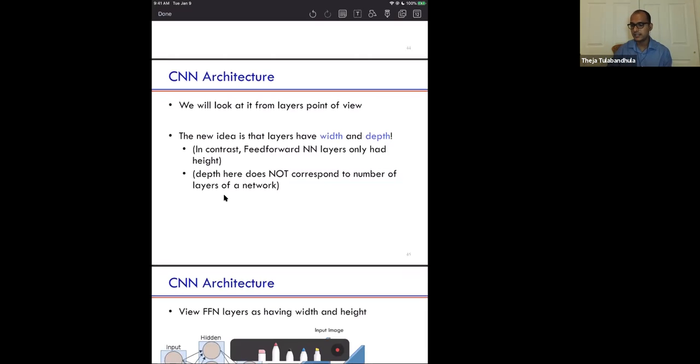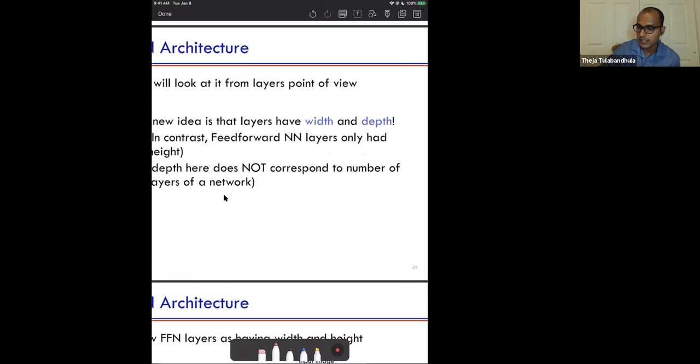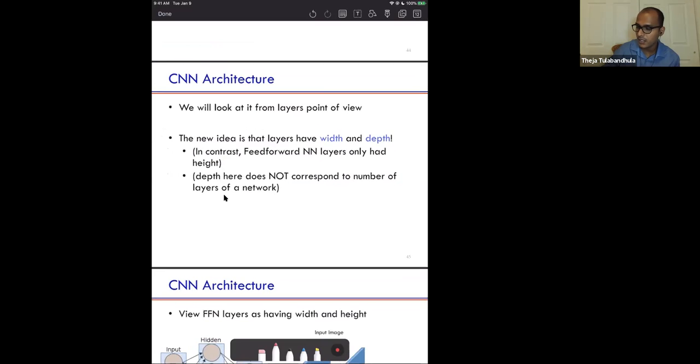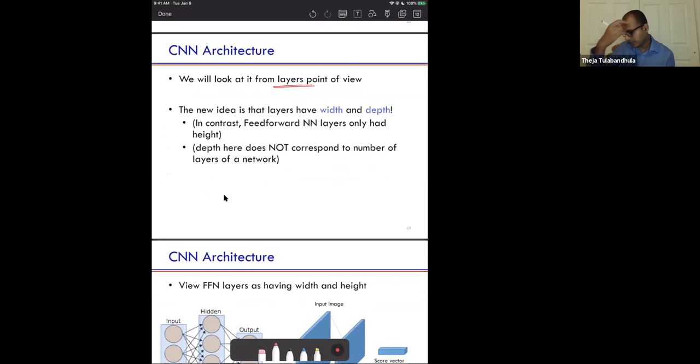So let's talk about the architecture. We're going to look at the architecture from the layer point of view. So we're going to talk about layers first, and then talk about the neurons. Okay. So in this sense, the new idea here is that each layer will have a width and a depth.